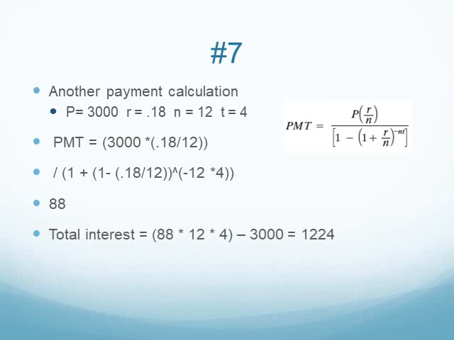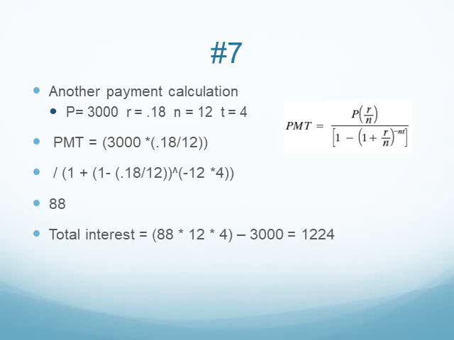They give you a principal, and they give you a rate, which I changed to a decimal. They said it's a monthly payment, and to pay it off in the next 4 years. So I did the same payment calculation I was doing on all the parts from 6. I wrote it out the same way. This should be how you put it in your calculator.